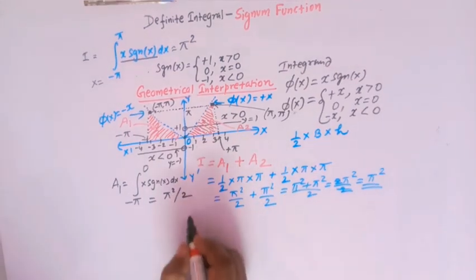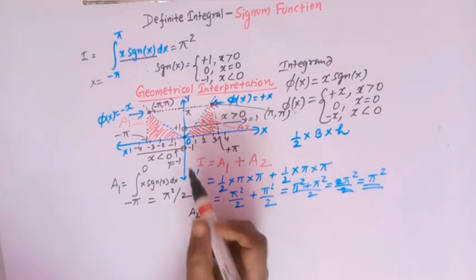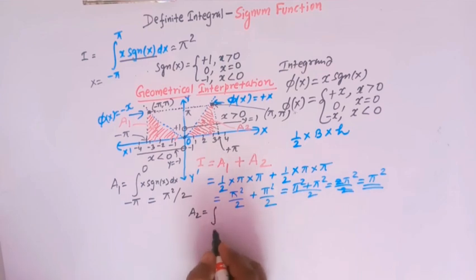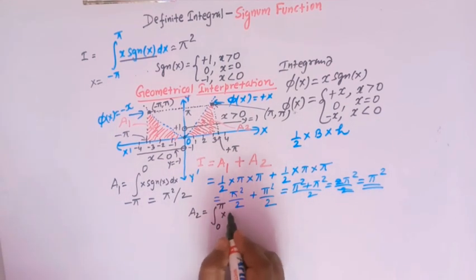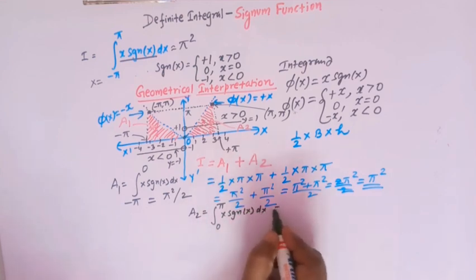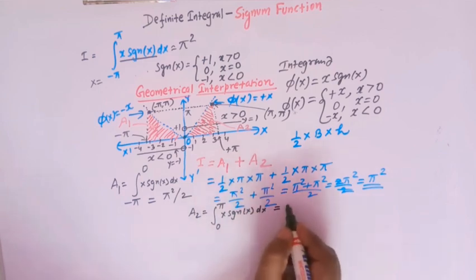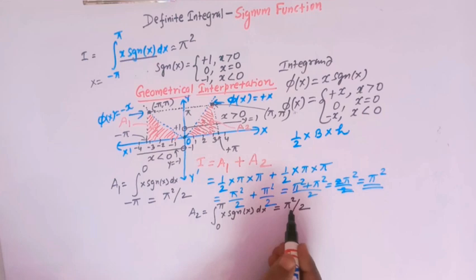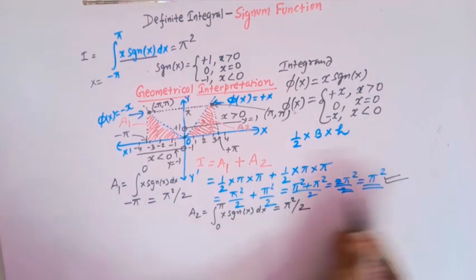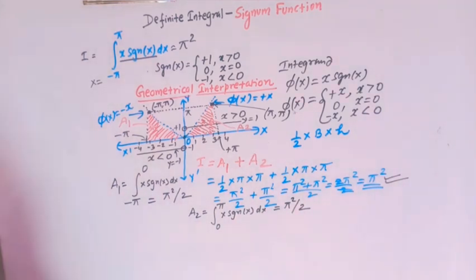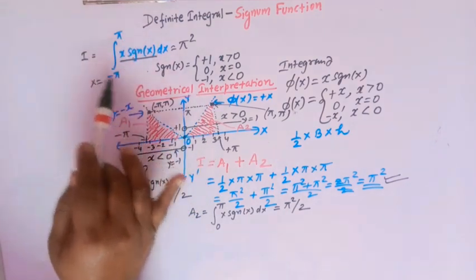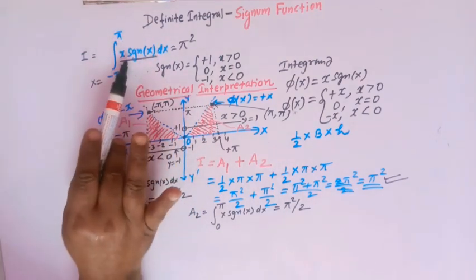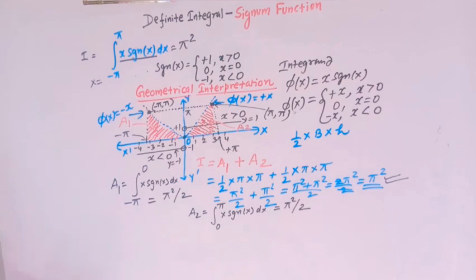And a2 is given by the integral from 0 to pi of x times signum of x dx, and this we have also obtained as pi square over 2, and the sum of these two areas is pi square. So this is how we geometrically interpret this integral.